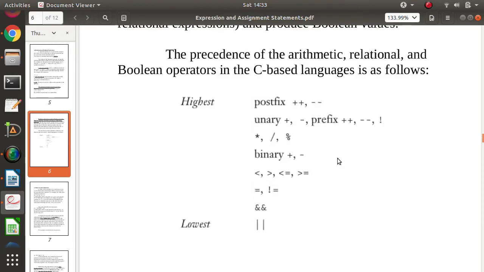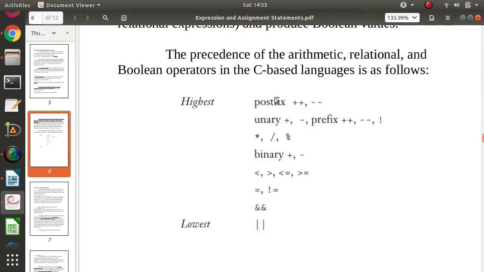Now see, this is combined for C-based languages. So these are the precedence rules. Here you can see this is for all arithmetic, relational, and Boolean operators. Here you can see postfix increment and decrement. They have the highest precedence. After that, unary plus and minus, then prefix increment and decrement, and this is negation.